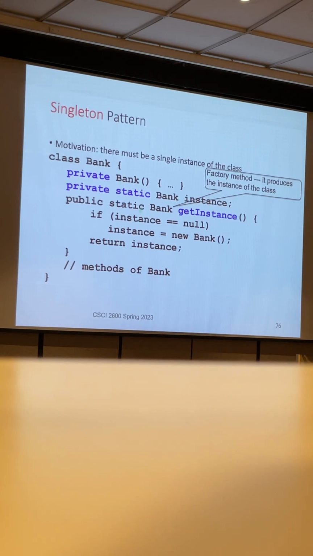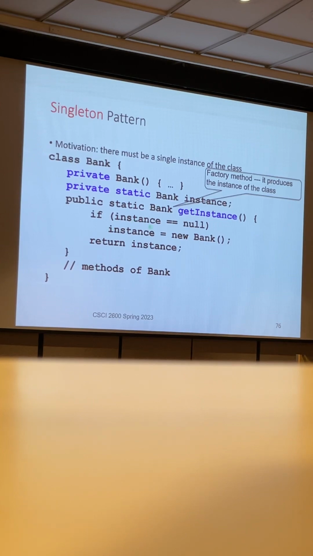And then we have an instance field that would hold a reference to this single instance of the Bank class. So we provide a getInstance method to our clients. It's public. And what this method does, it checks whether the instance has already been created.